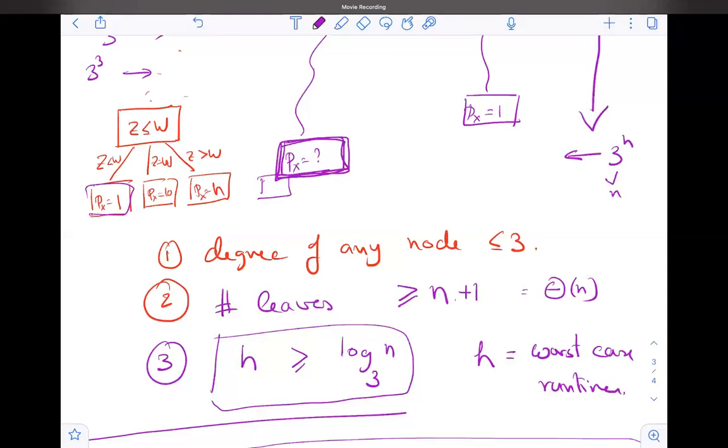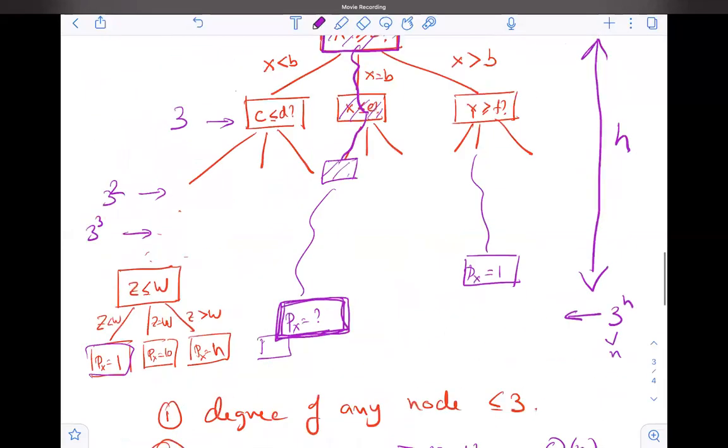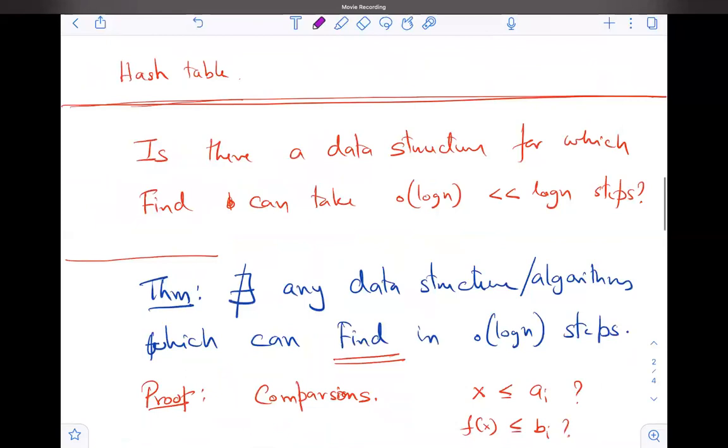So you don't expect to find it in less than order log n time, at least in the worst case.